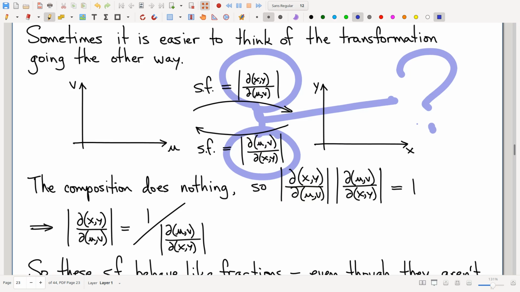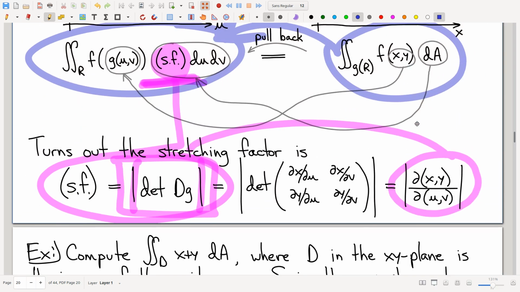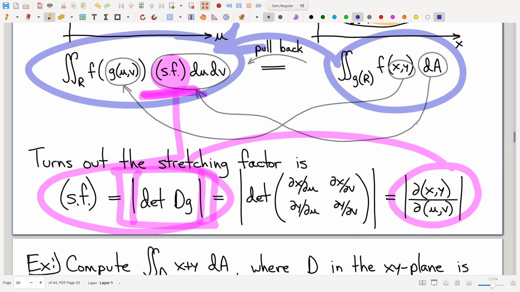Now, the question comes up: what is the relationship between these two different stretching factors? And I make the case that, well, of course they have to be reciprocals of each other. And not because they look like it. Not because we write this as a fraction. Keep in mind, this was a kind of made-up notational choice. This is not a fraction. Let's look back at where it came from. Here's where we decided to use this notation.